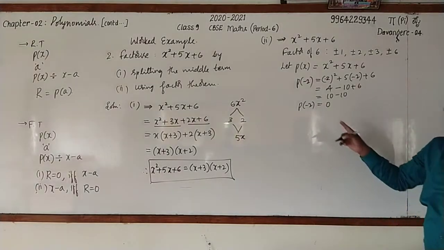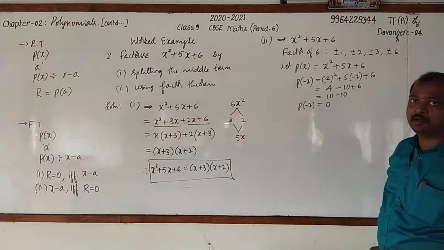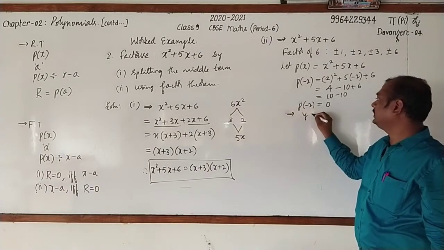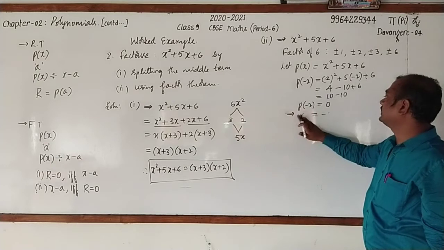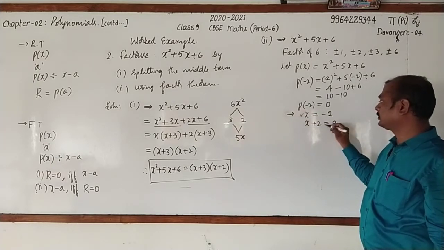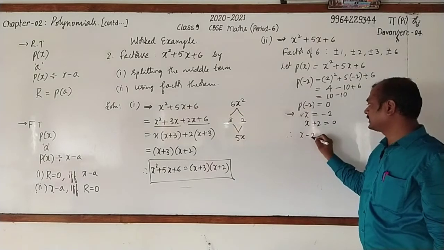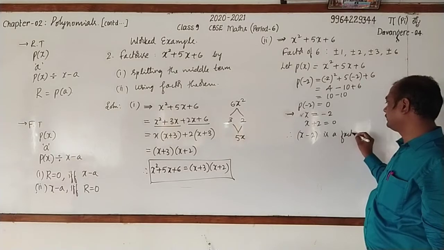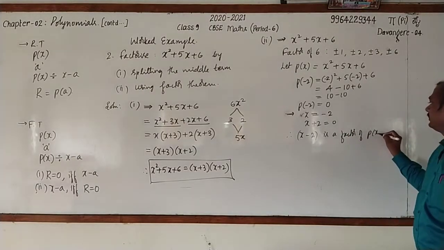Minus 2 is the 0 of the given polynomial. Therefore, x is equal to minus 2, then x plus 2 is equal to 0. Therefore, x plus 2 is a factor of what? p of x.